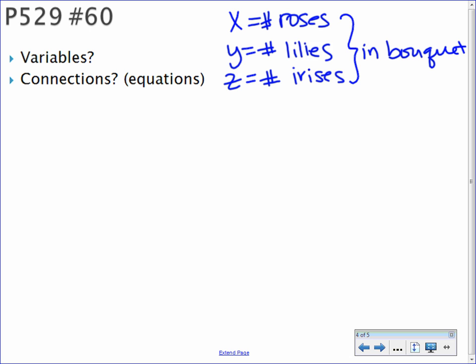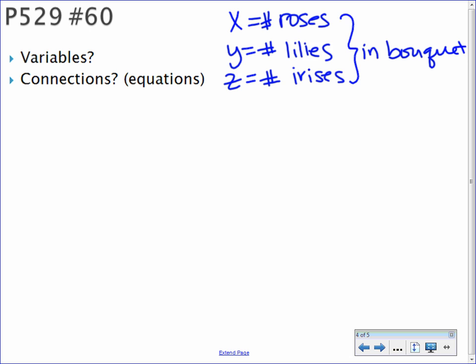All right, let's take our first bit of information. What's the first thing it gives us? 10 centerpieces, okay. That's the number of bouquets that we have. Then you have to use total flowers. 12 flowers in a centerpiece, then we got 120 total flowers.